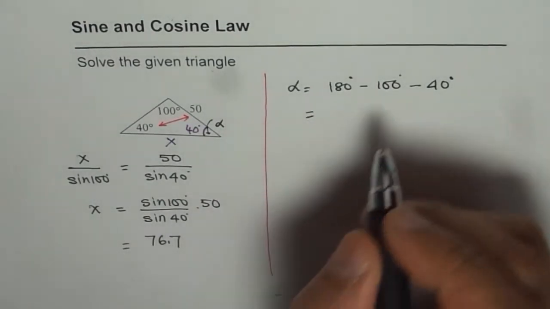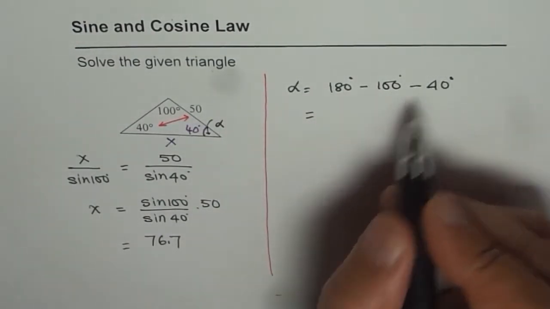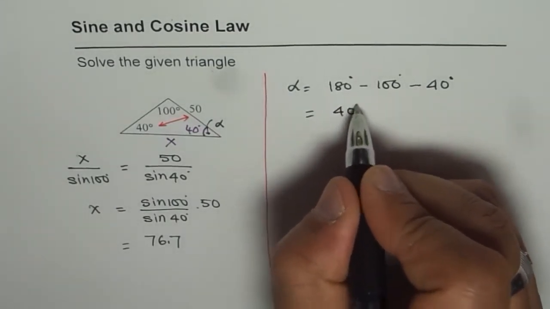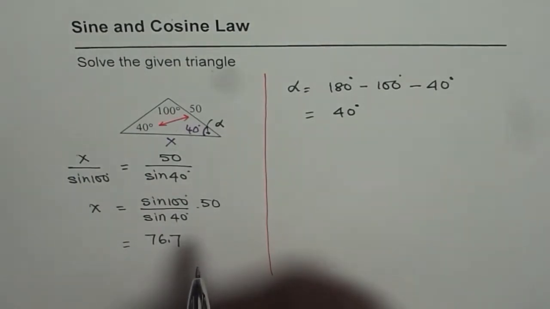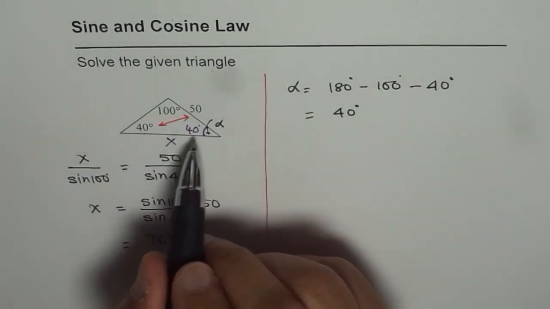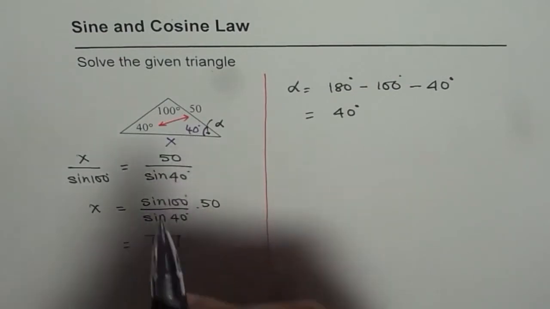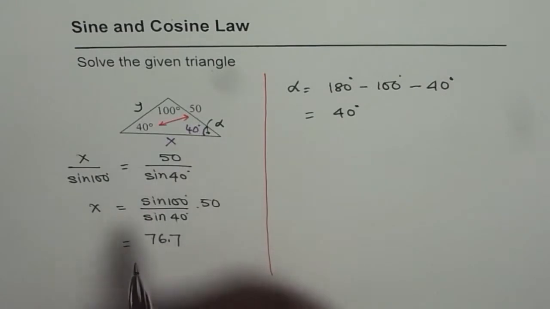So that gives us 80 minus 40, which is 40 degrees. So from here, as we wrote earlier, this angle is 40 degrees. So it is very clear that this is indeed an isosceles triangle. We have two equal angles, and therefore that side, which I'm calling y, should be equal to 50.